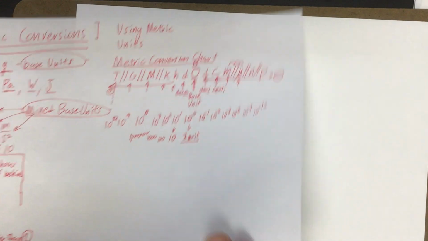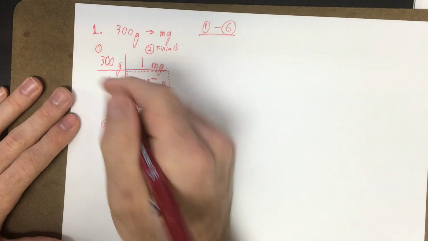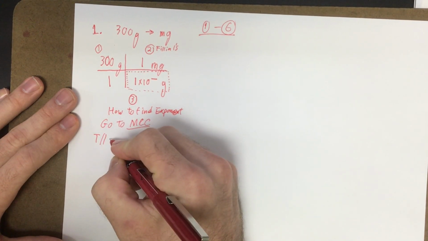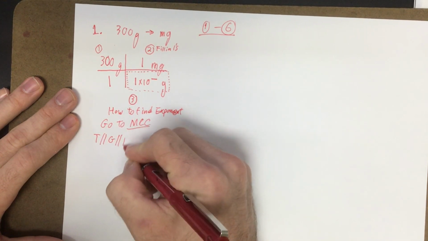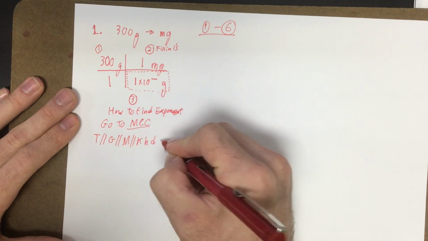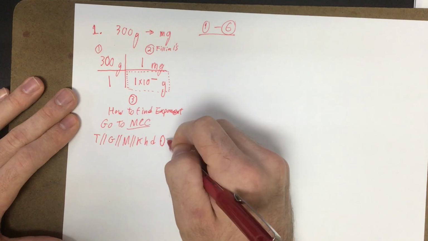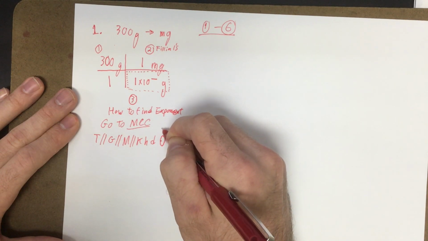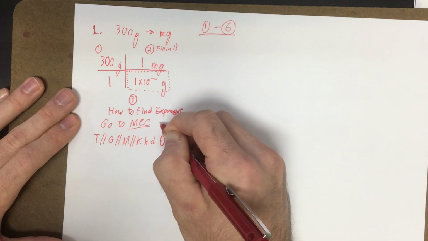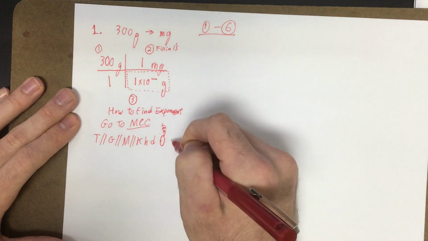This chart, okay, I'm going to write it out again because that's messy up there. Okay, so these 2 slashes are important. That's our base unit, so that's liters, meters, and grams without anything in front of them.